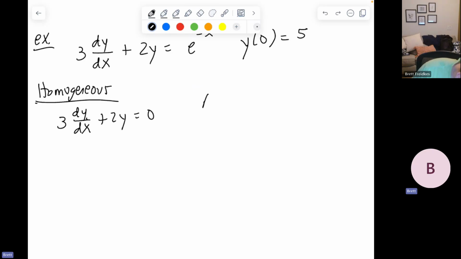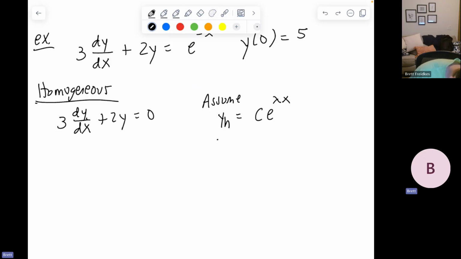But what you can do instead is assume that your homogeneous solution is something like c e to the lambda x, because x is the variable that we're dealing with. So we know we need the derivative of that y value, so we'll go ahead and take its derivative.